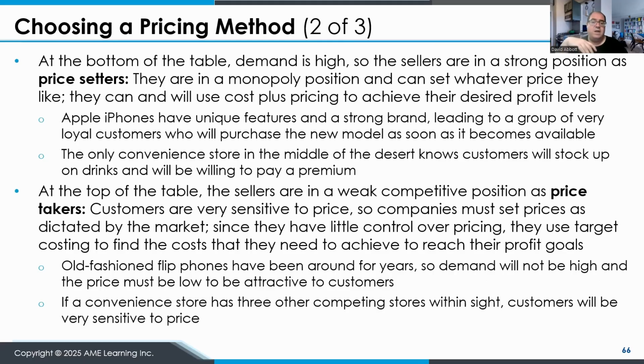We know the iPhone has unique features, a strong brand, a really good camera, and it's leading to a group of very loyal customers. They're going to purchase that newest model as soon as it comes out. We see that with pretty much all the things that Apple makes, with the phones, with the new laptops. People buy them right away. They're not going to wait for it.